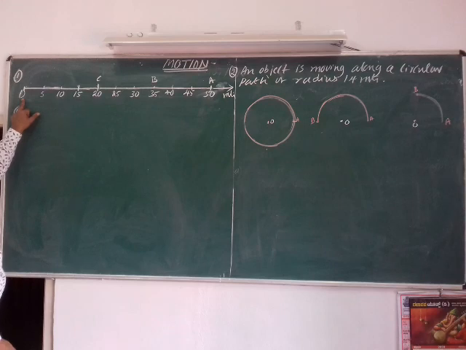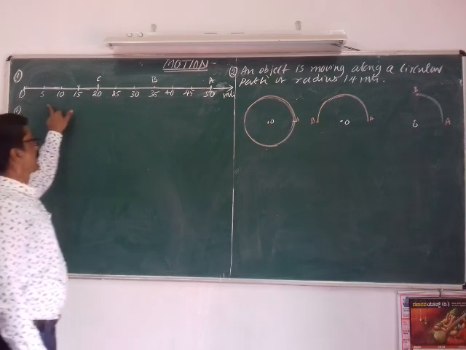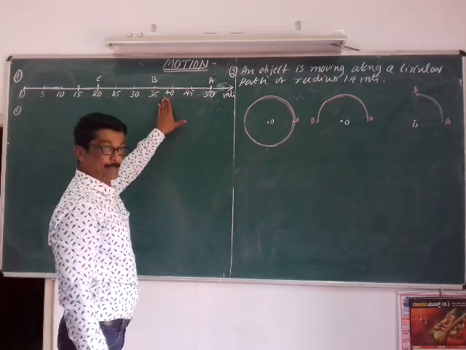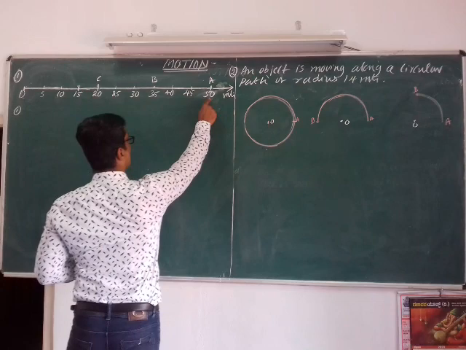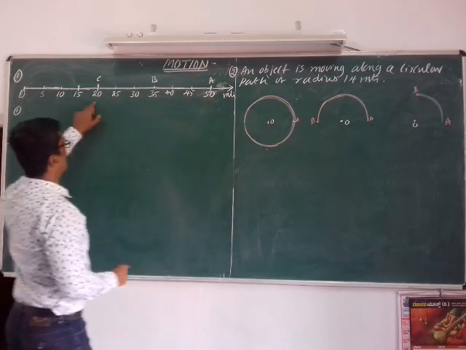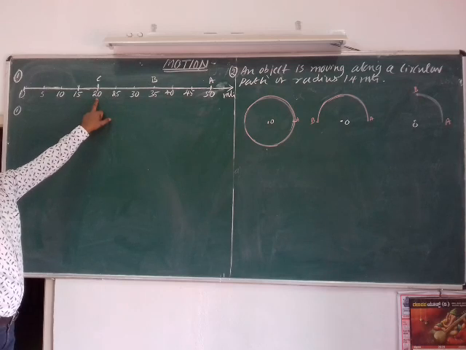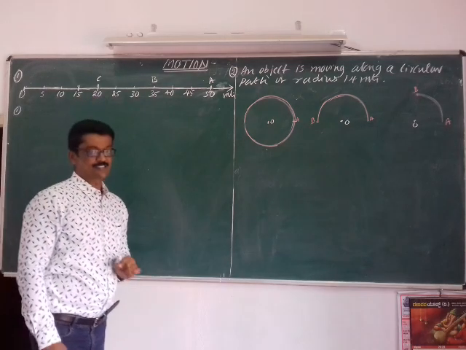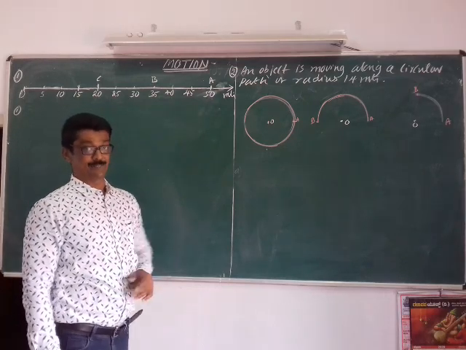An object starts its journey from O. It reaches A through C and D. Next, it returns to C from A. Now the object is at C. Here, you have to find out distance travelled and displacement.